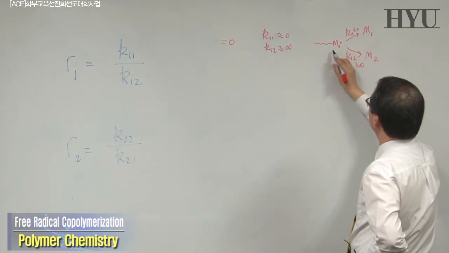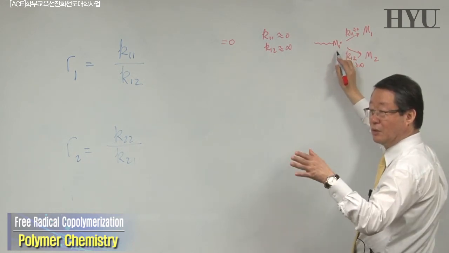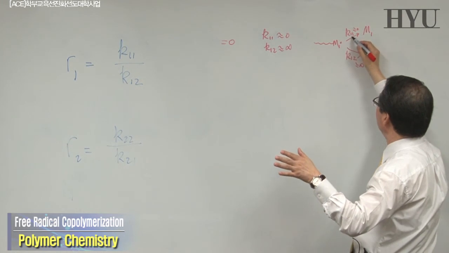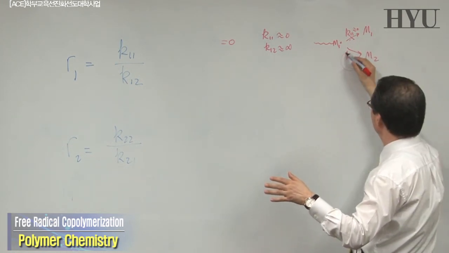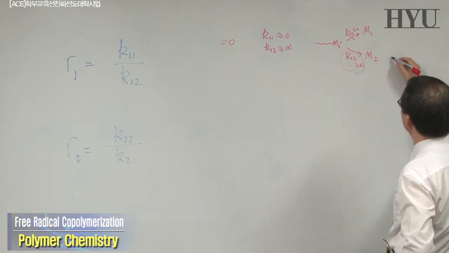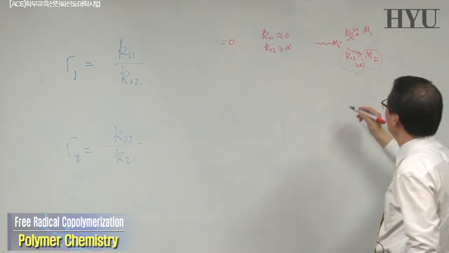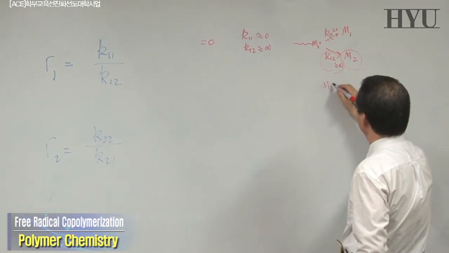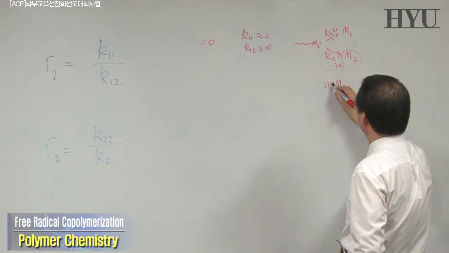This means that if there is any M1 dot formed during the reaction, there is no chance to meet with M1, but there is a great chance to have a M1 dot meeting with M2. And this is preferable. So whenever you have a M1 dot, you should meet with M2 rather than M1.